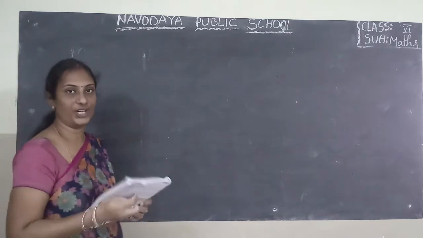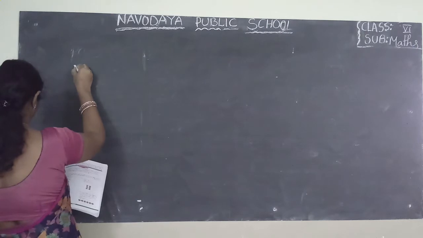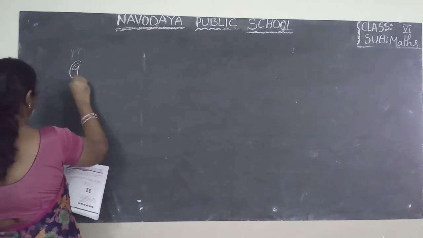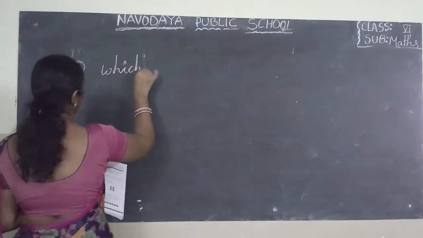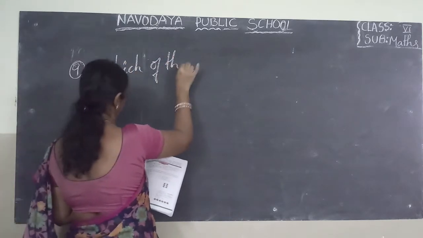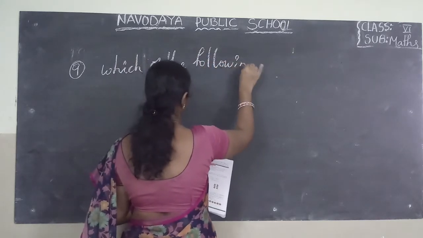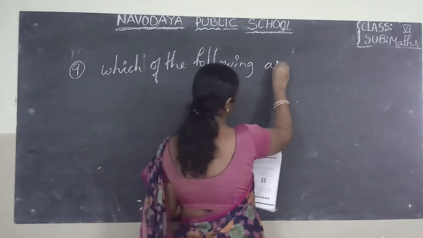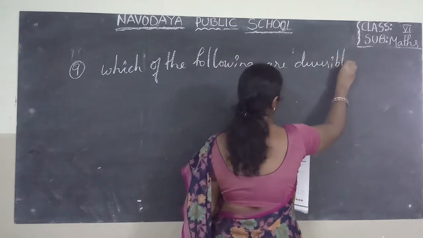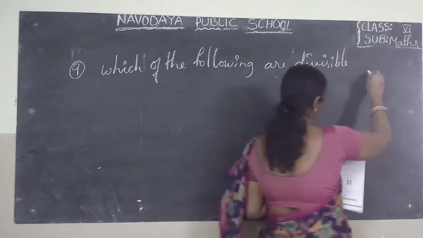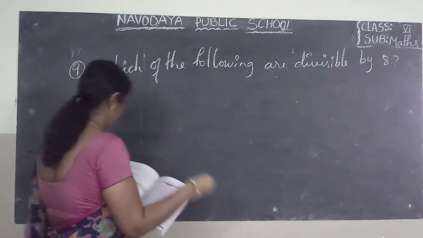See the next question. Ninth one. Which of the following are divisible by 8?